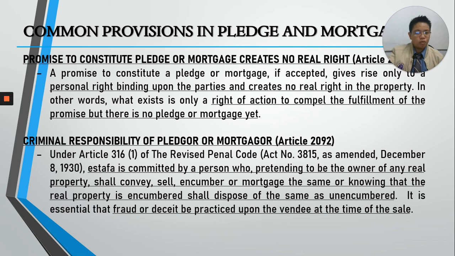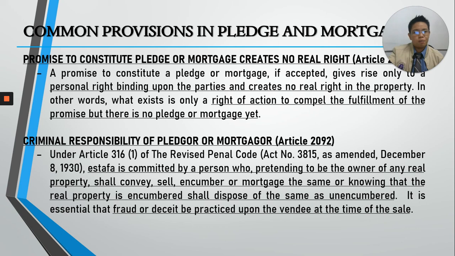Also, take note here that for estafa, it is essential that fraud or deceit be practiced upon the vendee at the time of sale. So, obviously, by analogy, this will apply to the case of a mortgagee. It is essential that fraud or deceit be practiced upon the mortgagee at the time of the mortgage.